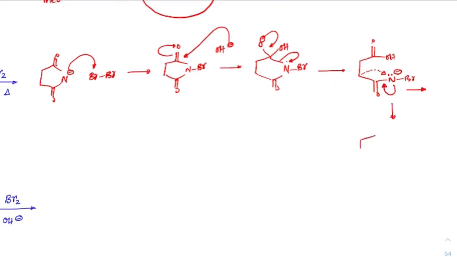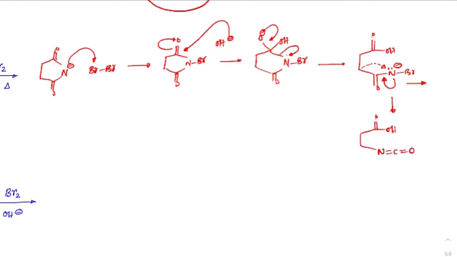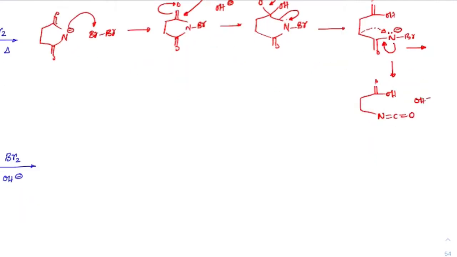Thereby we will have this double bond O, OH, and here we'll have N double bond C, double bond O. OH minus will further continue. OH minus will attack here, and on hydrolysis we will get double bond O, OH with NH2 and CO2. I'm writing directly.